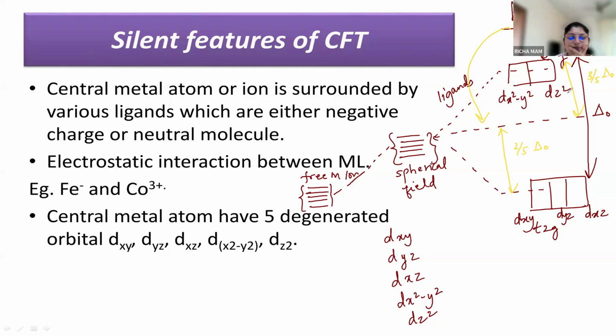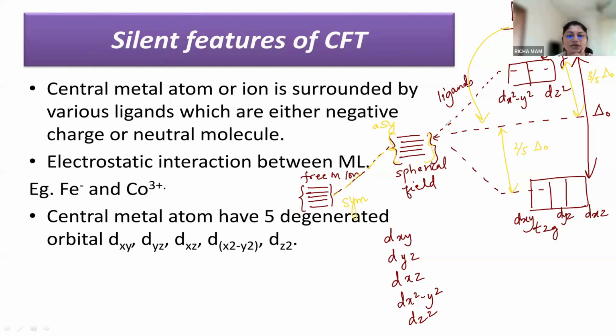So this splitting, okay. When the ligand comes in contact, the negative field due to the ligand is not symmetric. When the metal ion is in free state, the d orbitals are symmetric. But when it comes in contact with the ligands, what will happen?